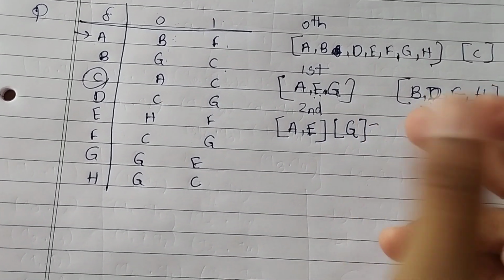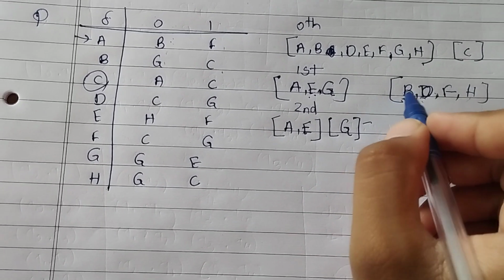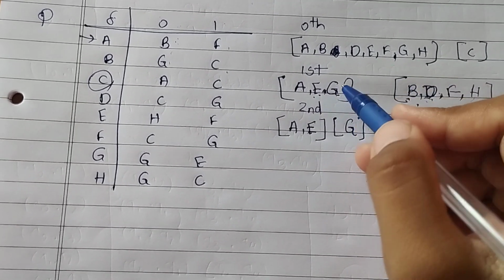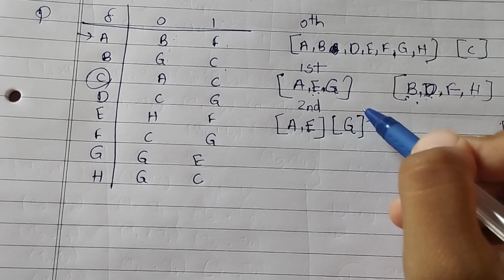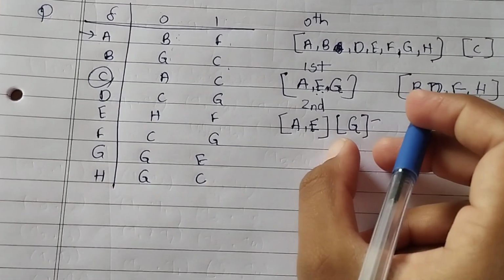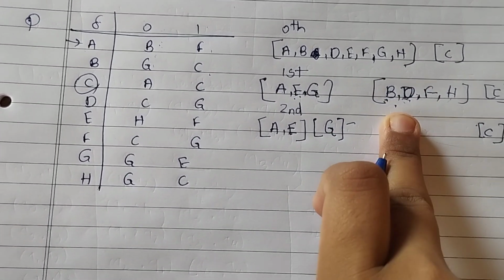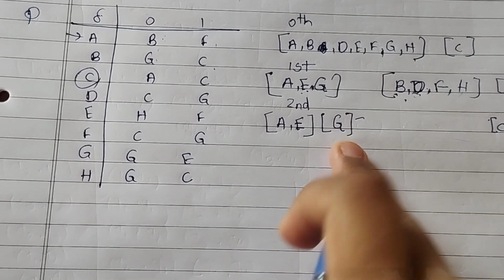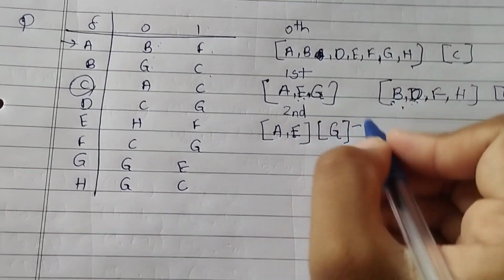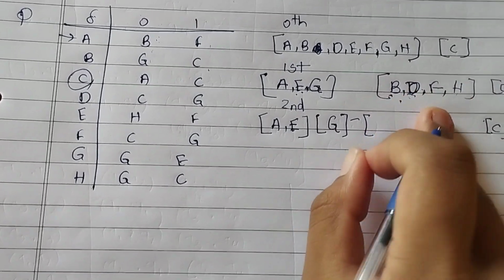Now B and D. We do not check G now, because G is a single element present in a different group. We do not add G in this group either; these are separate. Now B and D, we start the second group.